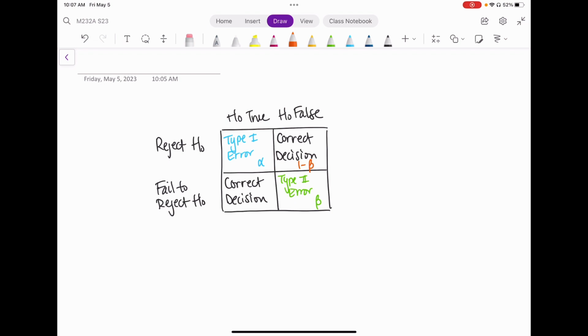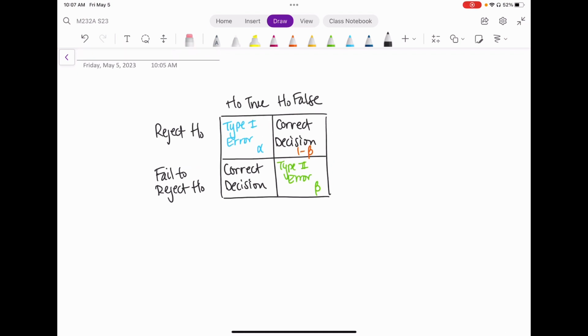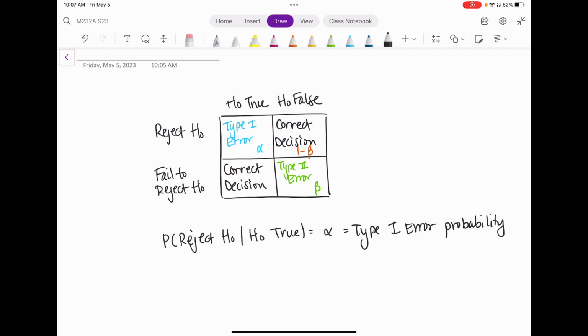So like I said, these are conditional probability statements. The probability that you reject the null, given that the null is true, is your alpha, which is your type 1 error probability. How willing are you to commit that type 1 error?